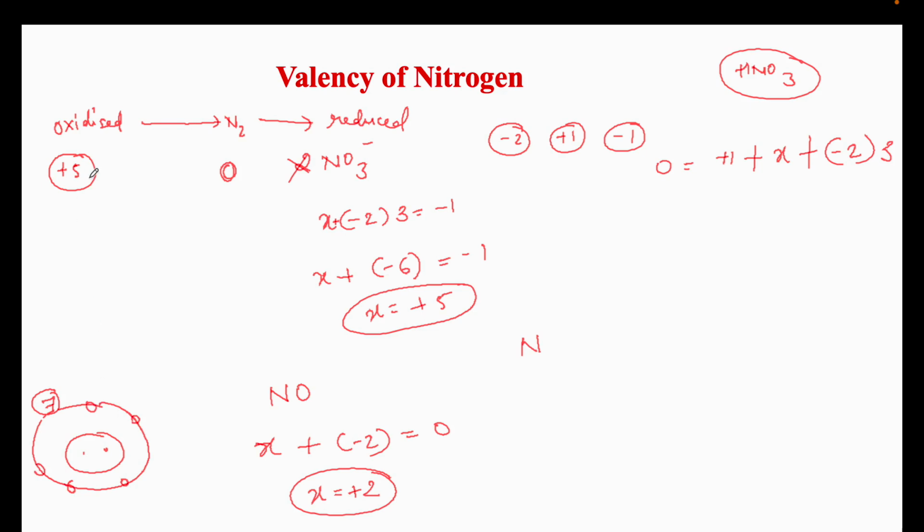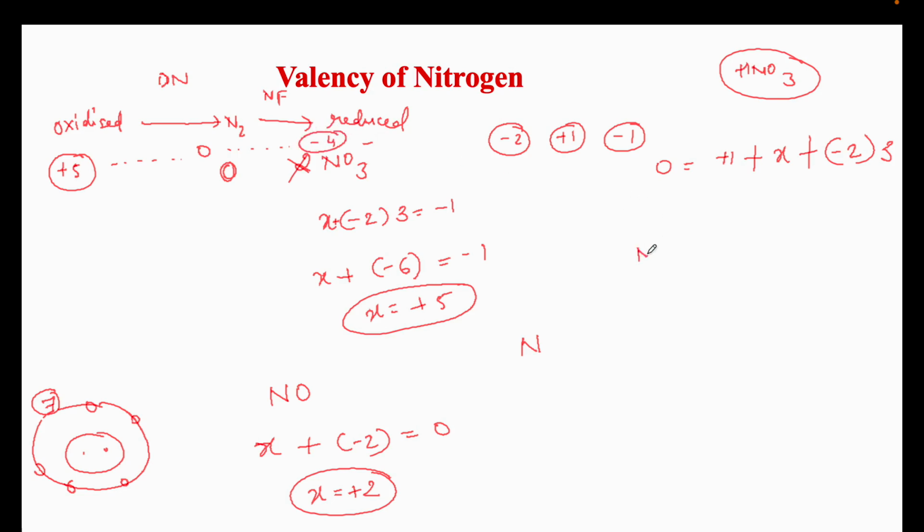So nitrogen can lose all 5 electrons and acquire +5 valency. So the process from oxidized to elemental nitrogen is known as denitrification, and from elemental nitrogen to reduced is known as nitrogen fixation. Very simple. So from +5 valency it goes to 0, and then finally it goes to -4.